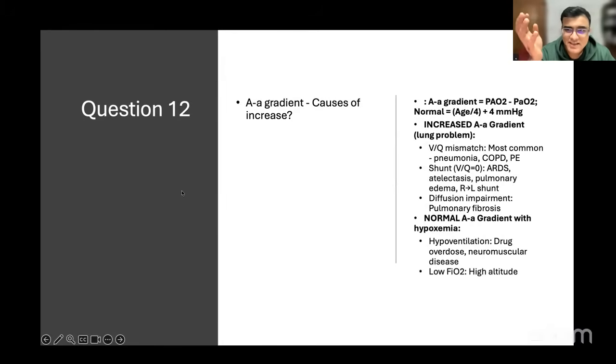It increases with age, and it is increased in VQ mismatch and in shunt. What the exact option was has not been recalled, so I will check if somebody has mentioned it in the comments.